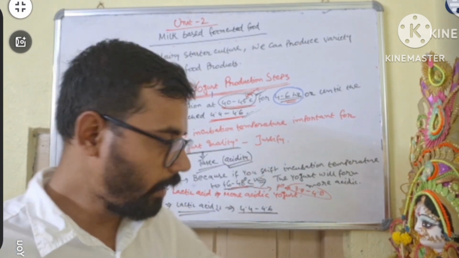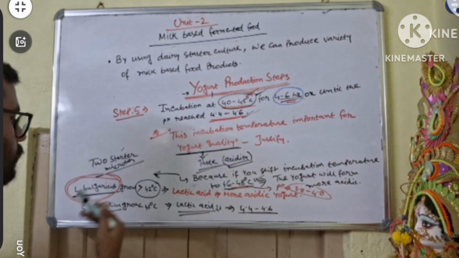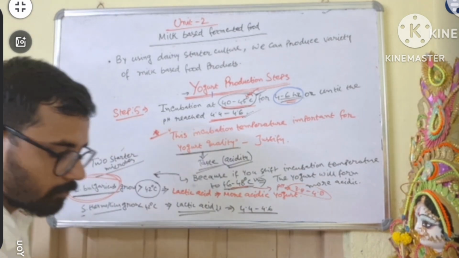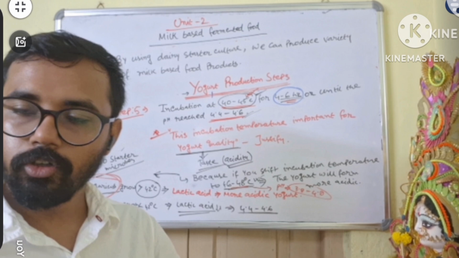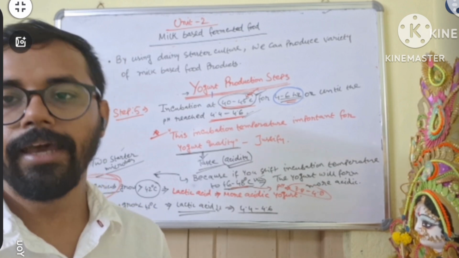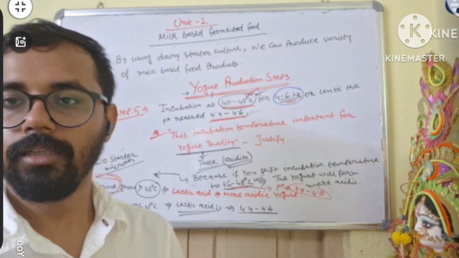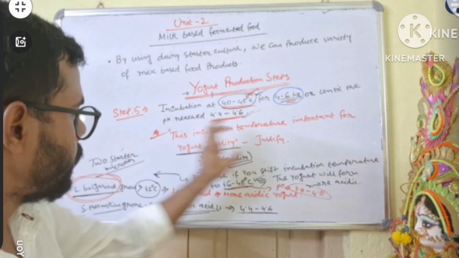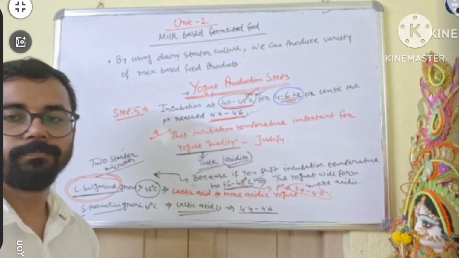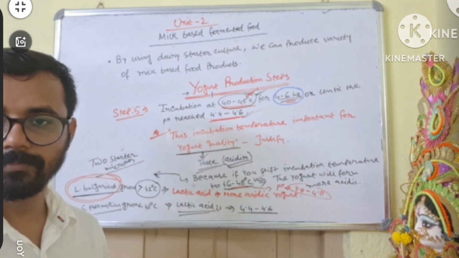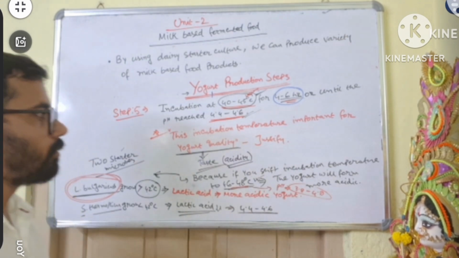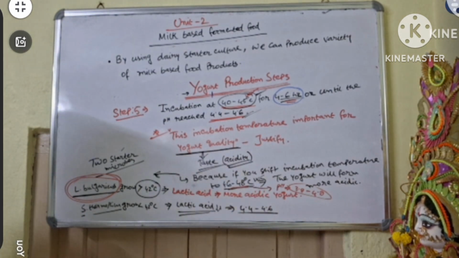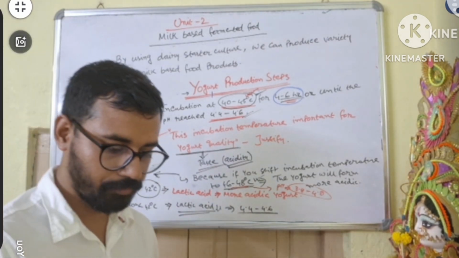But at a lower temperature, that means less than 42 degrees centigrade, the yogurt is less acidic. So incubation temperature can change yogurt quality. That statement can be a good question. Clear? Any question? All clear?